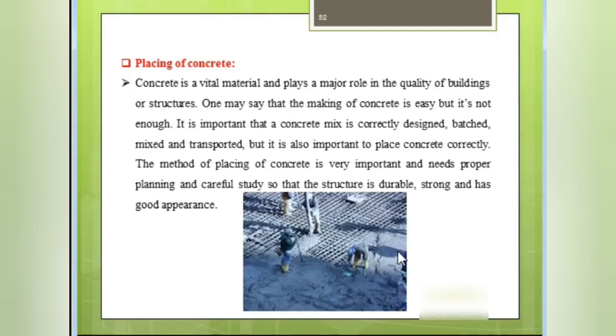After transportation, the concrete is going to be placed at a particular place or in a particular element's formwork, whether it is a slab, column, beam, or foundation. Concrete is a vital material and plays a major role in the quality of a building. One may say that making concrete is easy, but it is not enough. It is important that the concrete mix is correctly designed, batched, mixed, and transported.